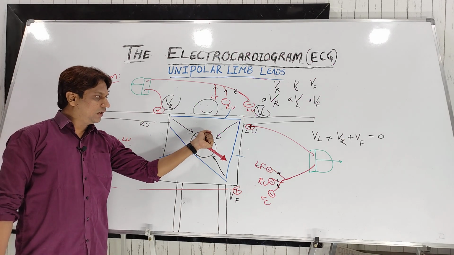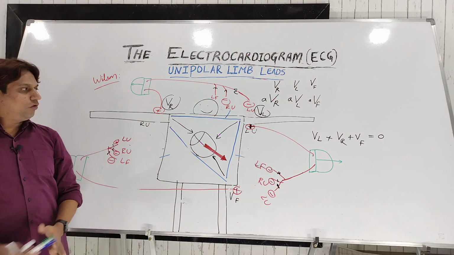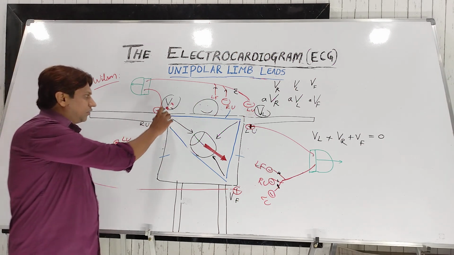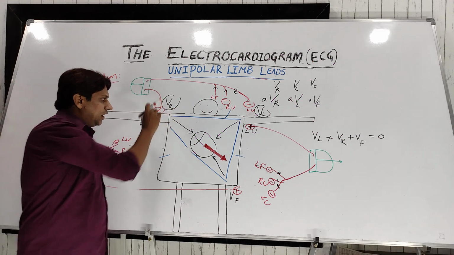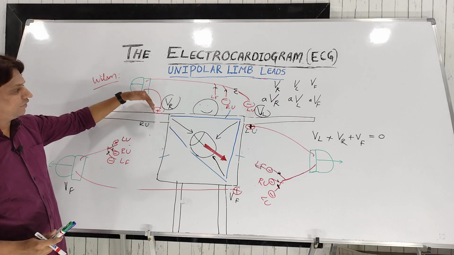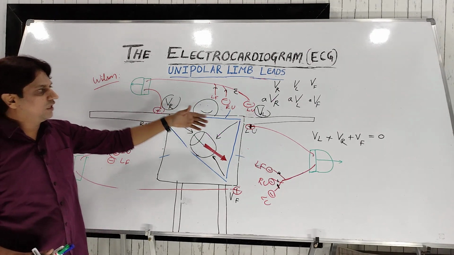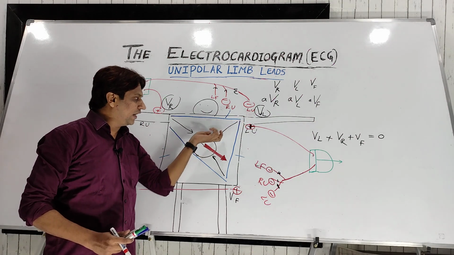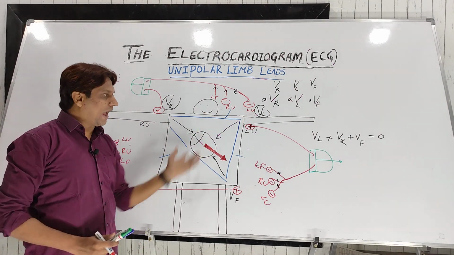It will be 0, and we are recording the electrical activity on this surface. When we record VR, the eye or camera of this recording device is kept on the right upper limb, and it is recording electrical activity directly here, and VL is also recording the electrical activity directly from here. The axis is different.